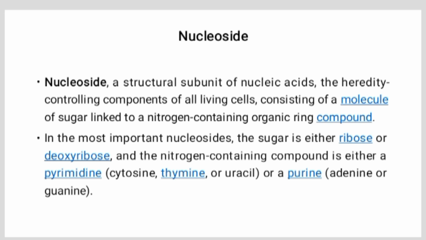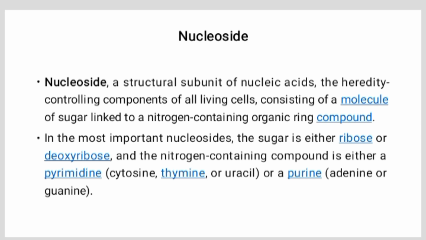Nucleosides. The nucleoside is the structural subunit of nucleic acids, the heredity controlling components of all living cells, consisting of a molecule of sugar linked to a nitrogen containing organic ring compound. In the most important nucleosides, the sugar is either ribose or deoxyribose.